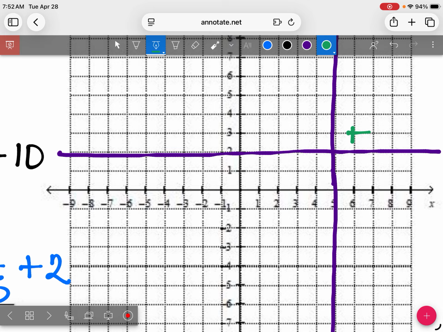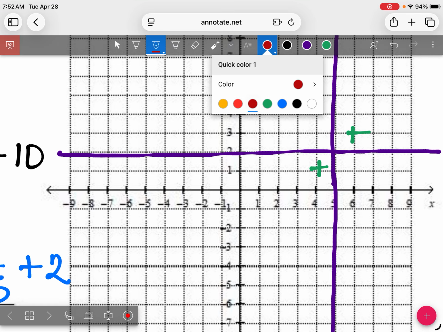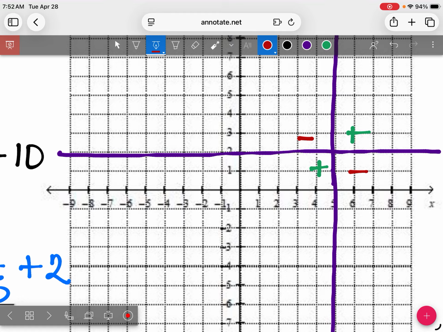So these two areas are my positive areas, and these two are my negative areas. A is negative. Okay, because it's negative, I'm not using the positive.